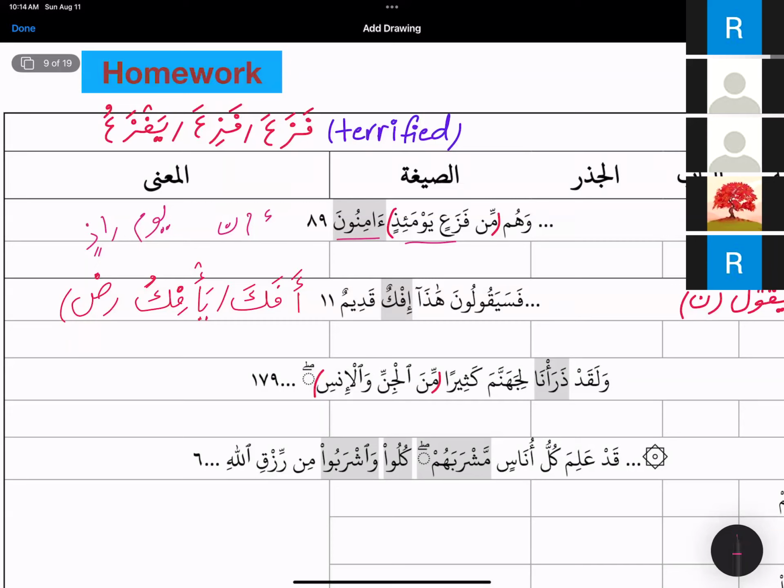Basically, yawma and izin are two words, but they fuse them together. So this is not one word that we cannot split, but they are two different fragments, and then it becomes mudaf. Wahum min faza'in yawma izin.